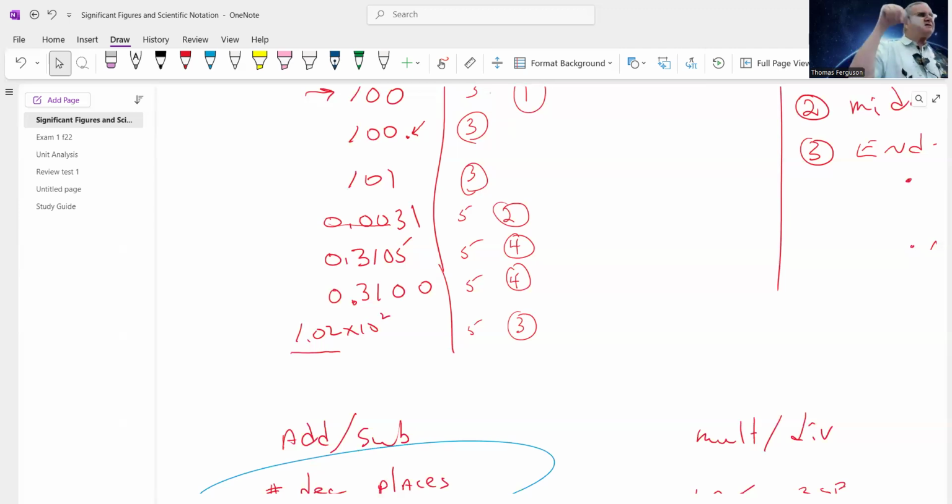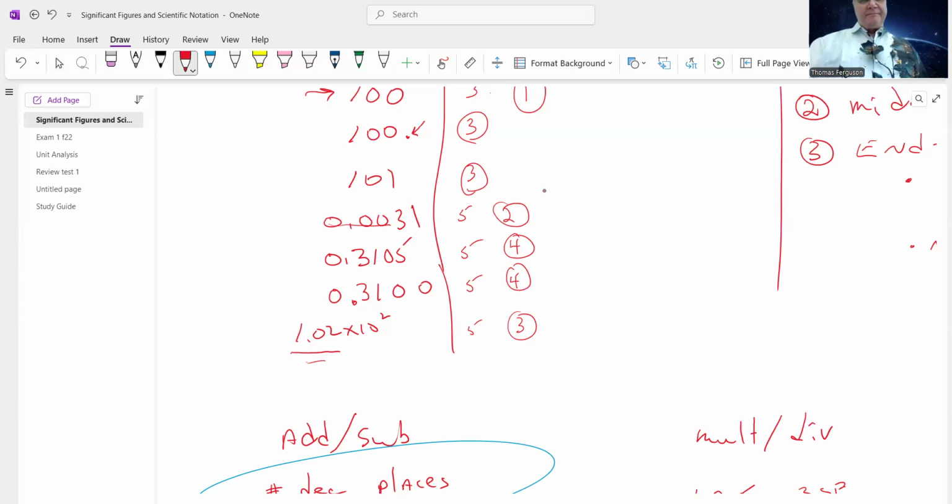Now you're going to be practicing this a lot in dry lab today. Okay, we have 0.3100. We've got trailing zeros with a decimal point and beginning zeros. Beginning zeros don't count. Trailing zeros count because of the decimal point. Doesn't matter where the decimal point is. The zeros at the end will count if there's a decimal point. For scientific notation numbers, you only look at this part. You don't look at the exponent. So that's 3 sig figs.